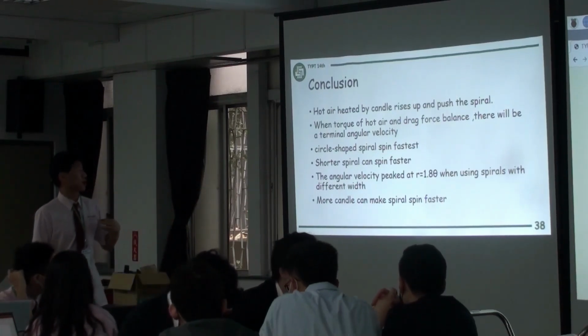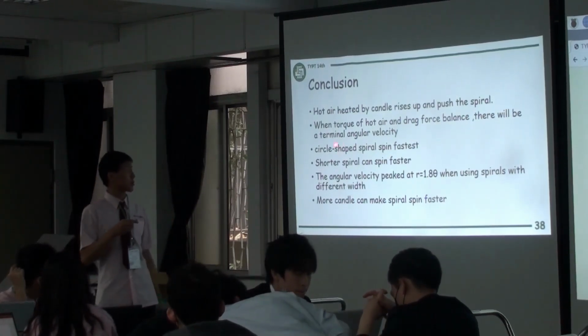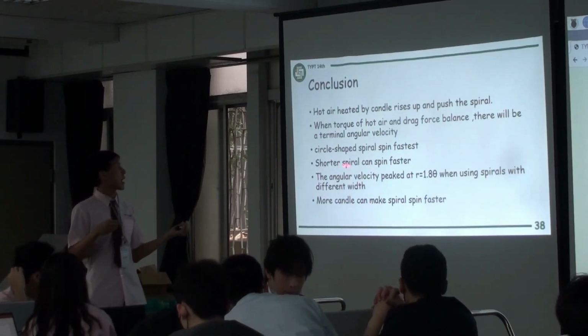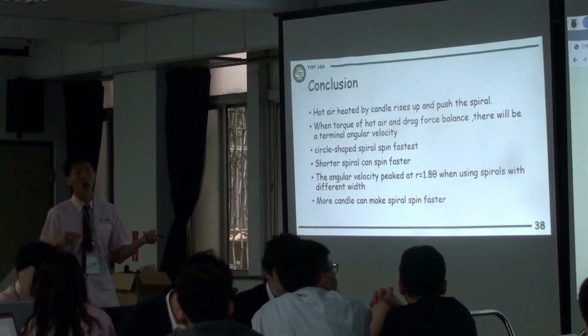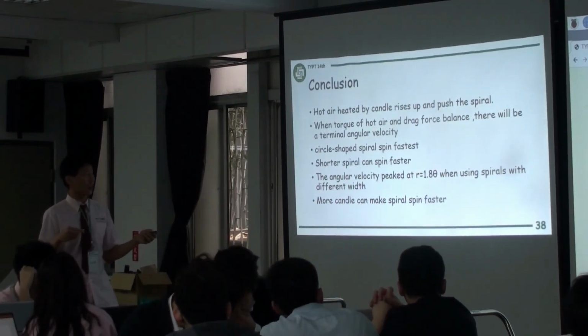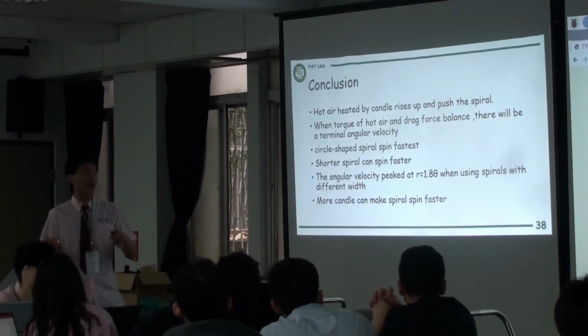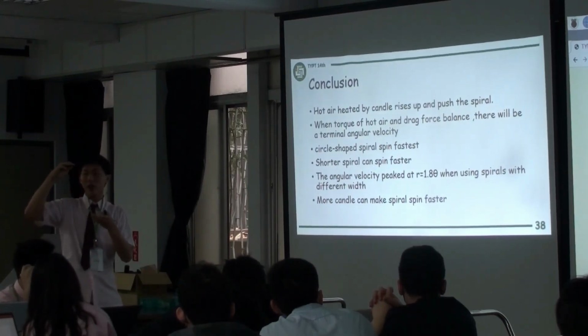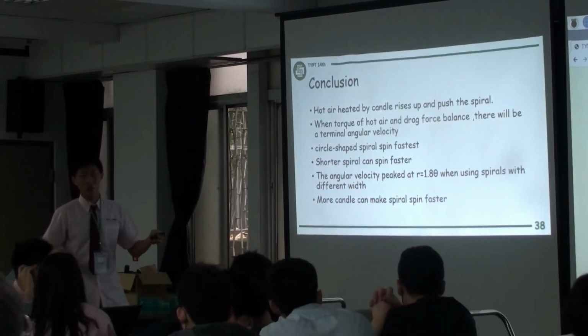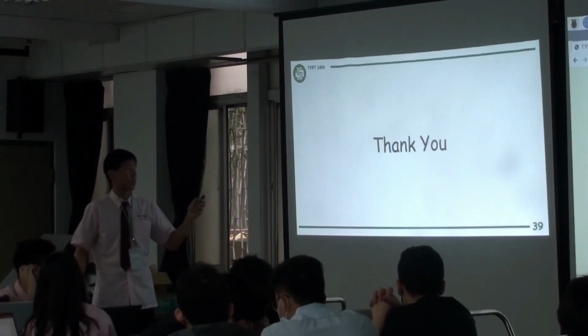There will be a terminal angular velocity, and the circle shape spins fastest compared to other shapes because it is the most continuous. And the shorter spiral can spin faster because the drag force is less. And angular velocity peaks at R equals 1.8 theta because once we get over that, the distance between the spiral and the candle will be too great. And the more candles we use, the faster the spiral can spin. Thank you.